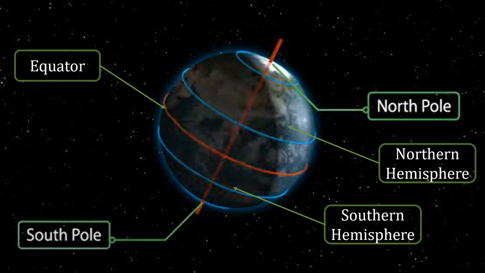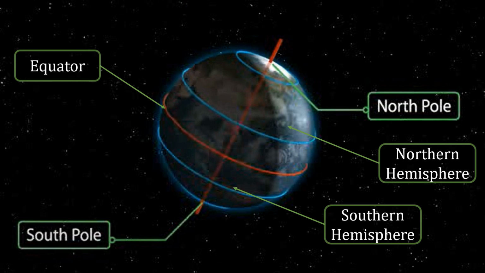Okay children, see this red line exactly in between, which is dividing the earth into two equal parts. Okay, that is called the equator. And the two equal parts it makes of the earth are called northern hemisphere and southern hemisphere.